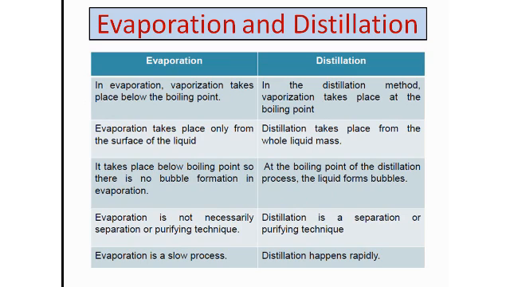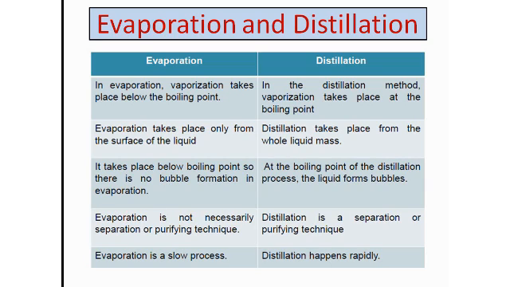So the concept of evaporation and distillation. How do these processes differ from each other? See, I have given an example. In the evaporation process, the vaporization takes place below the boiling point. Means in the case of evaporation, the water doesn't get boiled before reaching the boiling point.